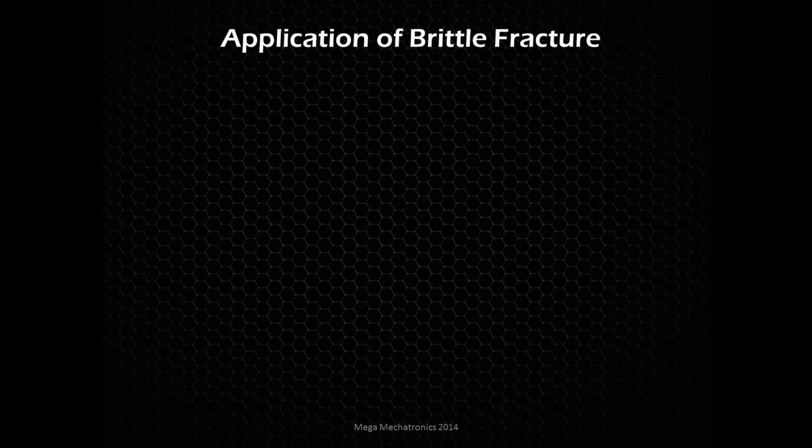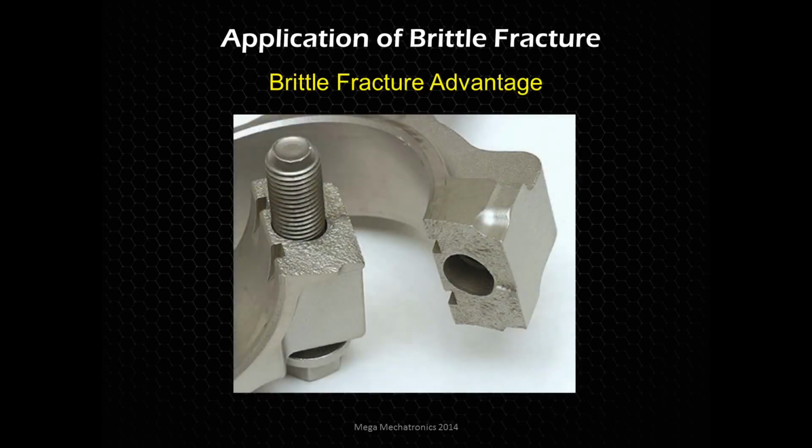So, to make that a little more clear, let's look at an application of a brittle fracture, and how we can use that brittle fracture to our advantage, which is with automotive rod end caps. And these even come from the factory, high performance. These are cracked cap rods. So they'll build this rod end, and they'll put it in a special fixture, and just crack it off.